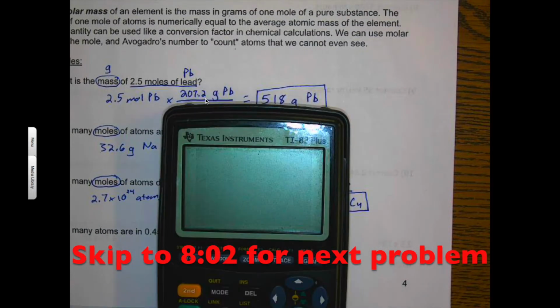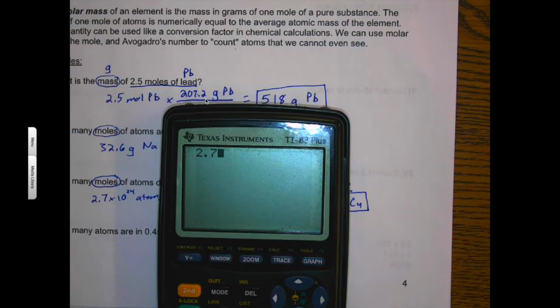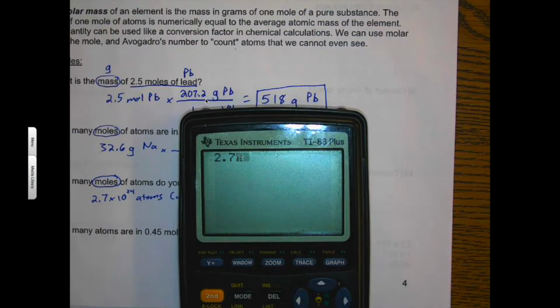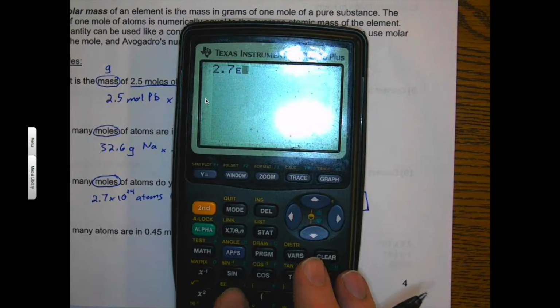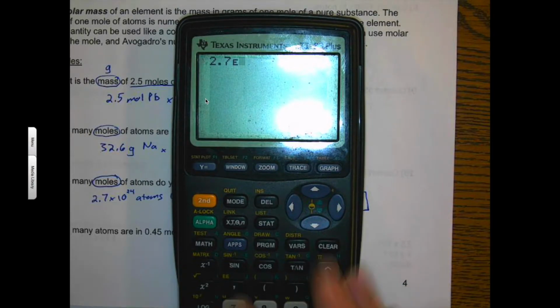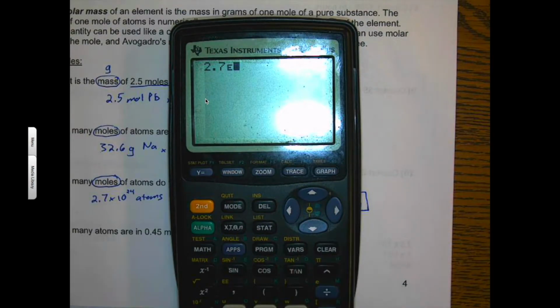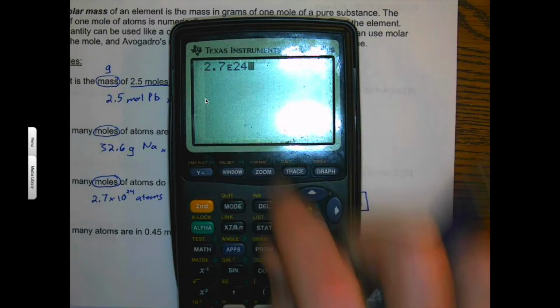It's going to be 2.7. And then we're on the TI-83. We're going to take advantage of this EE button. That's that comma that's right there. You have to push the second comma, right? And that will give you the engineering exponent, which is times 10. So whatever I put in after that is times 10 to the 24th.